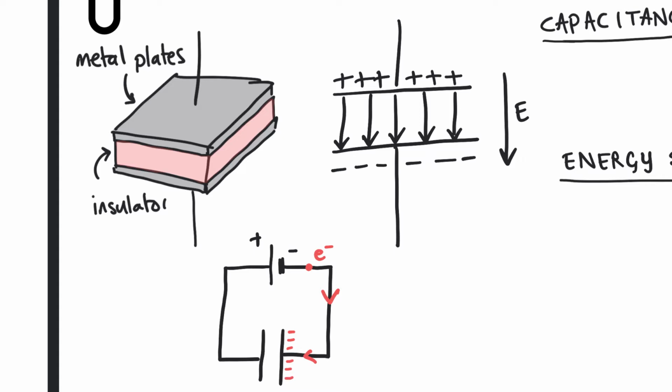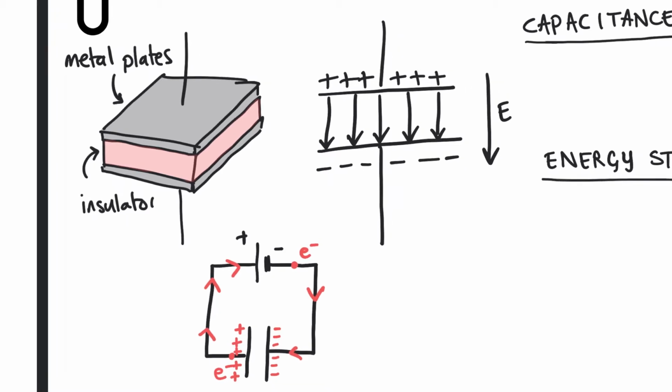At the same time, an electron on the other side of that capacitor will be repelled from the excess of electrons in the first plate and also be attracted towards the positive terminal of the cell, which means that our second plate is going to have a deficit of electrons, meaning that it's positively charged. So it's important that you can figure out which side of the capacitor is positive and which side is negative.